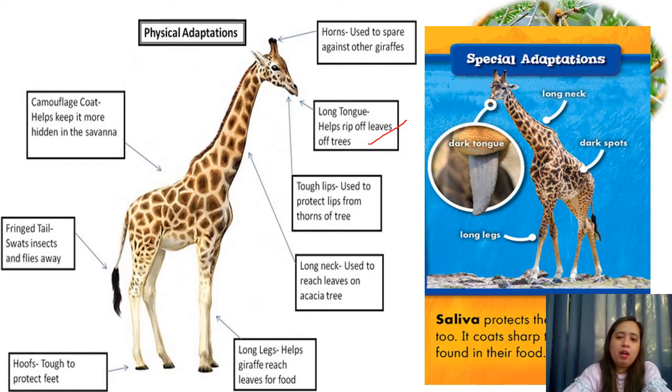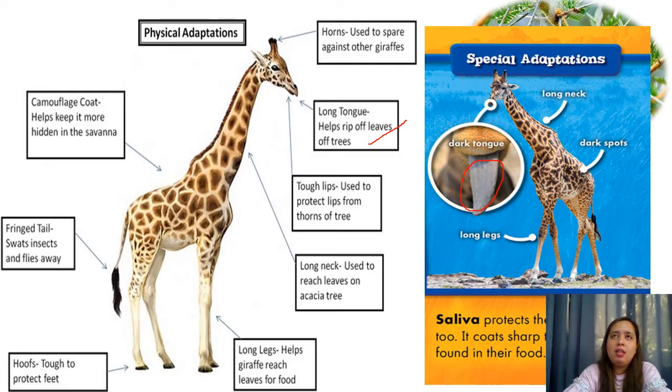You have the dark tongue in there kasi palagi nakalabas, no sunburn, joke lang. No, this dark tongue actually is like a rubber type and there is a saliva that coats this entire mouth so that hindi agad-agad mapiprick yung bibig nila.